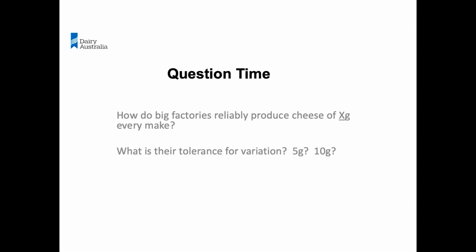So in this case, it's much easier to have a fixed quantity and regular size of cheese, because you know that the milk always comes with the same composition. The tolerance for variation, of course, is as small as possible.